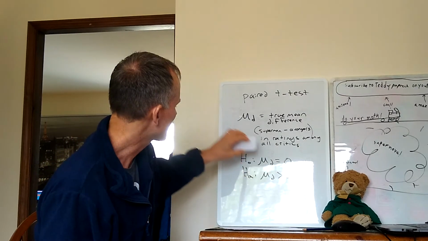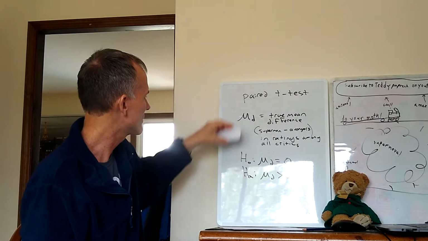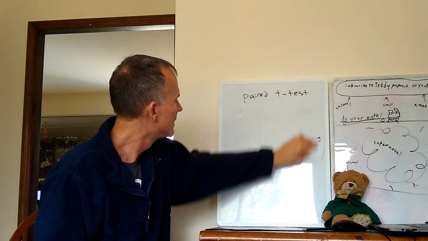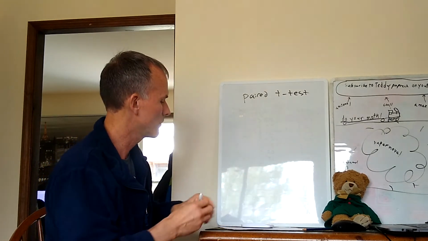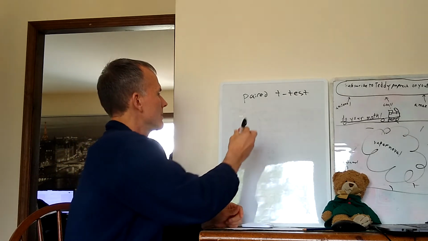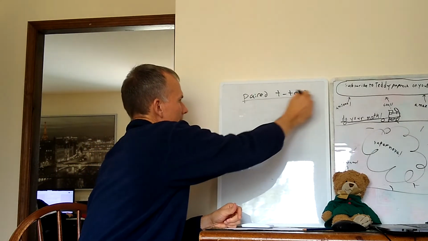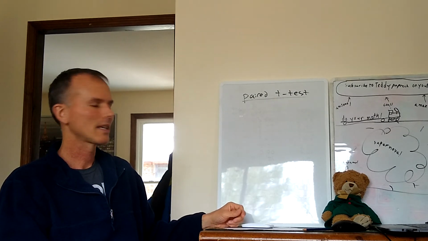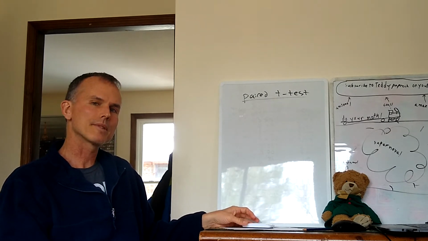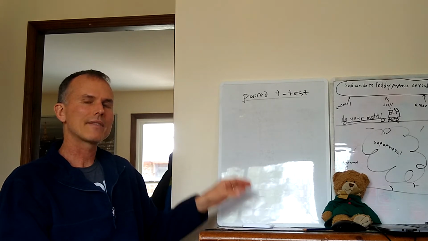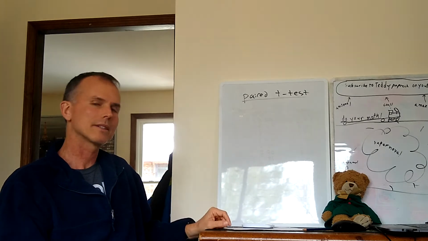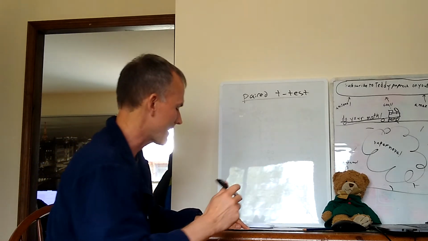Next, I'm going to erase this now, and we will name the procedure. It's right up here, I'm not going to rewrite it. It's called the paired t-test. Then I'm going to write the sample statistics. I've got my list of 10 differences. I type them into my calculator and run the one variable stats.